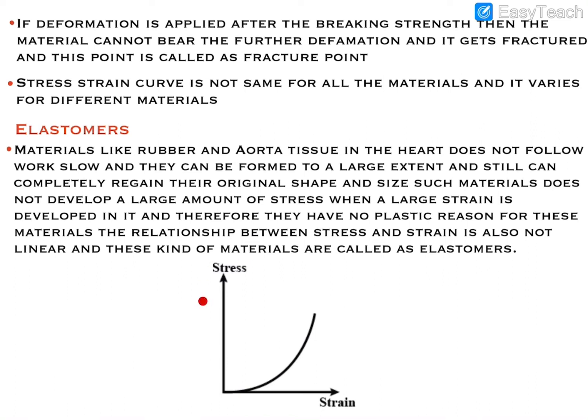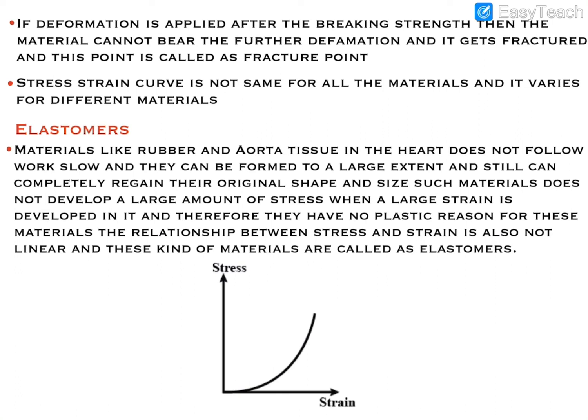The stress strain relationship for these types of materials, which are called elastomers, is demonstrated like that. And these are the materials which completely regain their original shape and size when the deforming force is removed from them, and they do not develop a large amount of stress when we deform them.